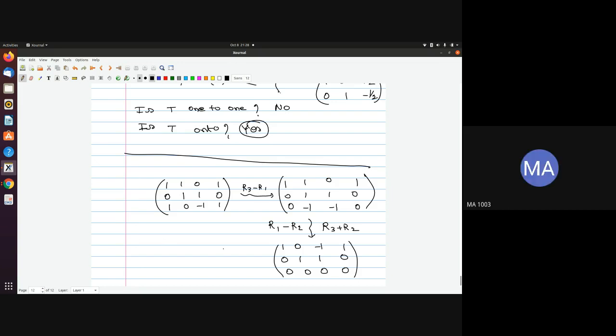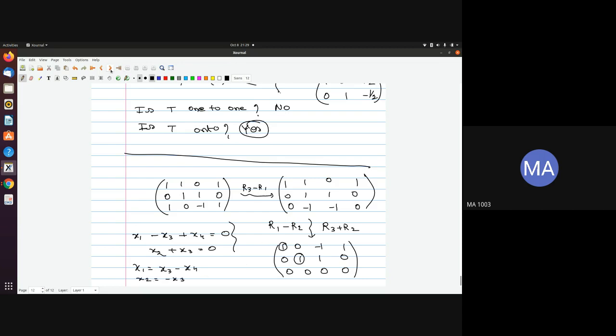Okay. So how many dependent variables are there? 2. So the first one is x1 minus x3 plus x4 is 0. The second one is x2 plus x3 is 0. Right? So x3 and x4 are your free variables. So I can write x1 as x3 minus x4 and x2 as minus x3.